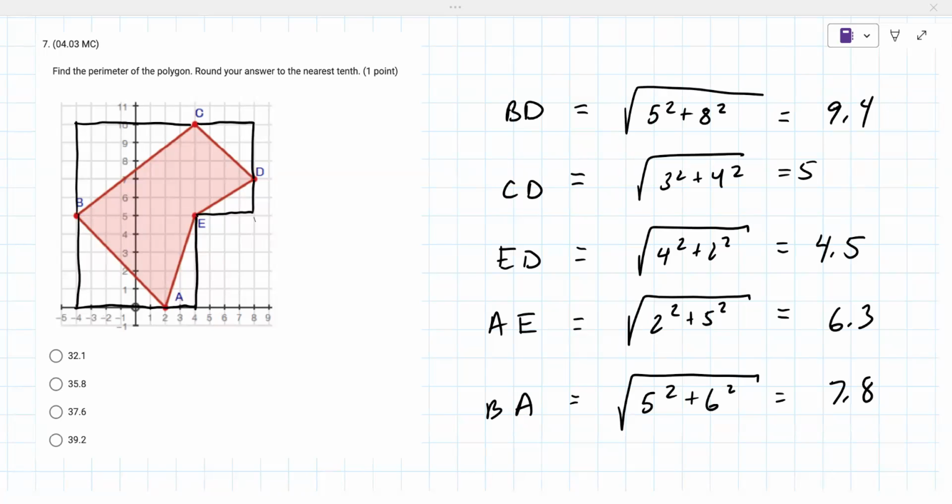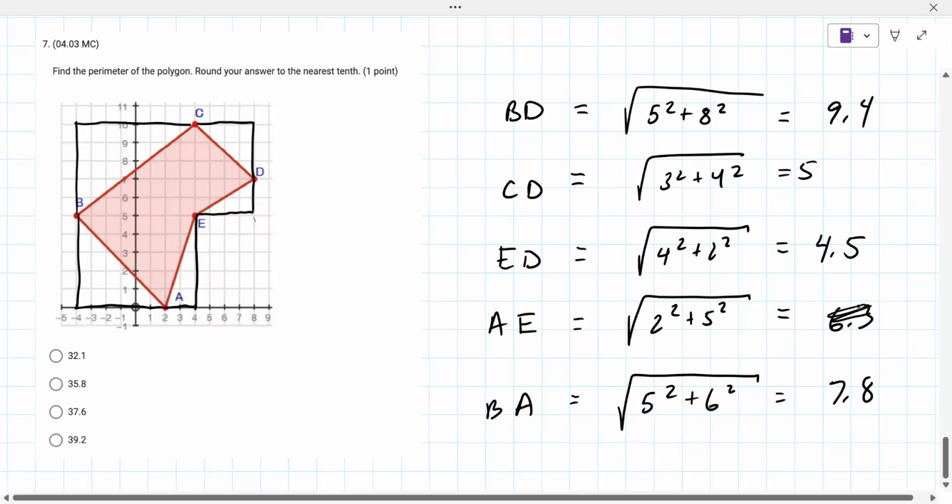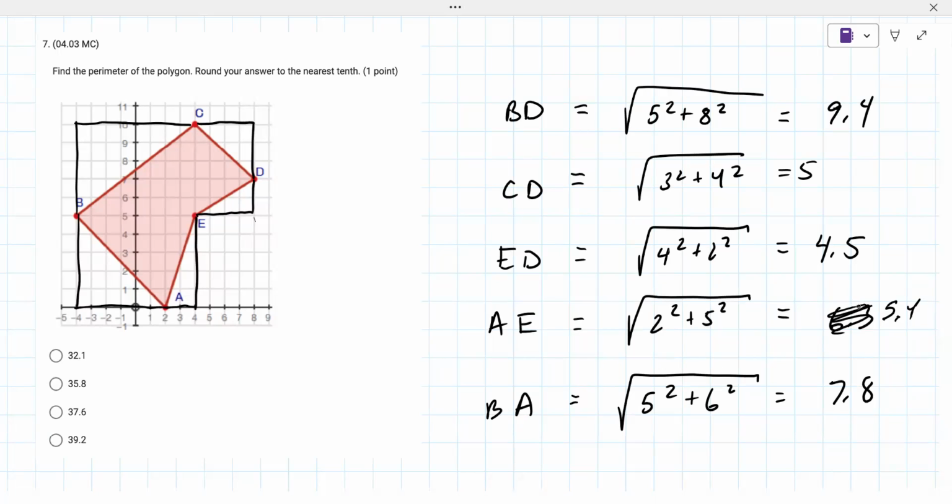Yeah, the BD, that's correct. 4 squared plus 4. Okay, so here's my mistake. It's right there. That's 5.4. And then it does work out. Right. Yeah, 32.1. So it's number 1 up there.